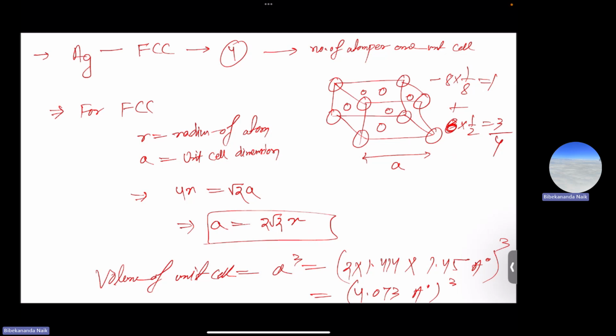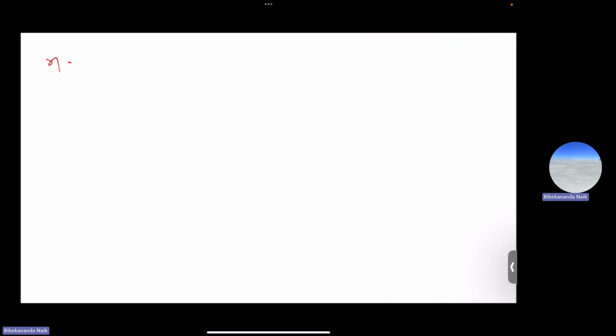If you calculate the number density, mass density is mass by volume, so number density is the number by volume. So the number of electrons per unit volume in silver atom will be calculated by n equals 4 by the volume of the unit cell, that is 4.073 into 10 to the power minus 10 cube, that is 5.9 into 10 to the power 28 per meter cube.